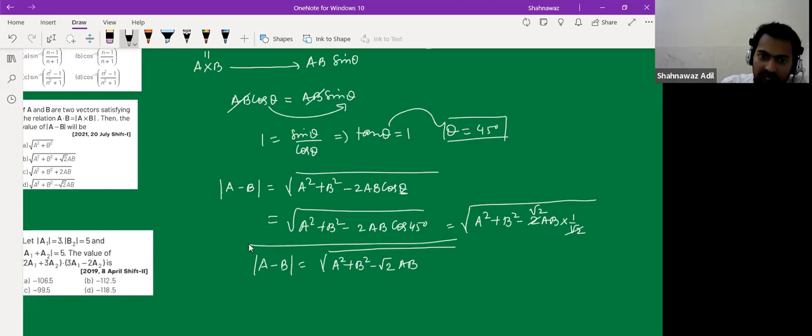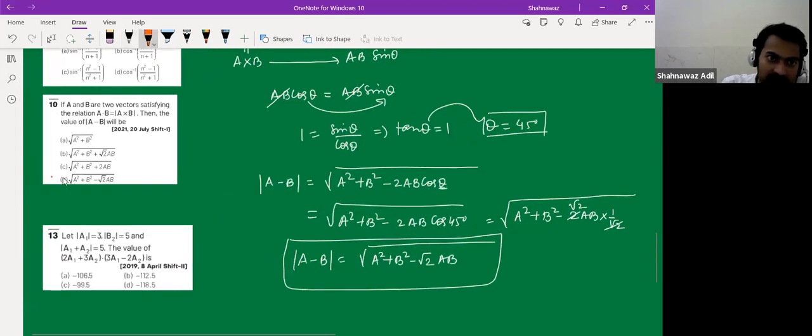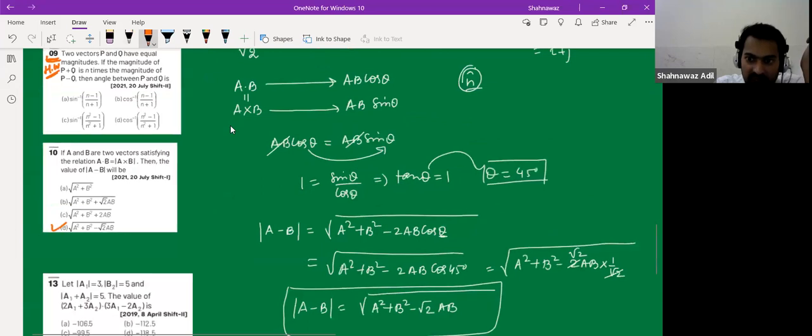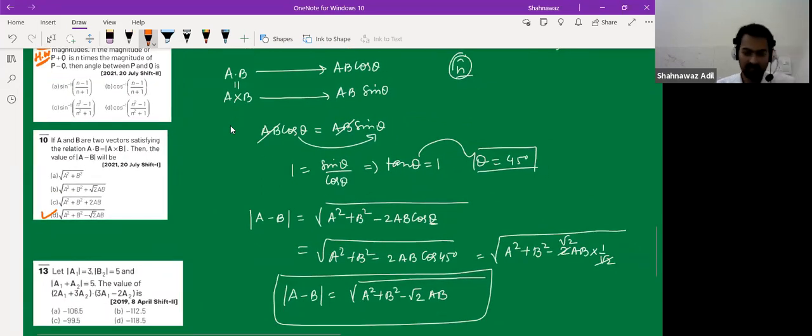So which option is correct? This D, right? So this was about this question. Right, you guys please note it down, and then we can do this last problem and then meet in the next class.